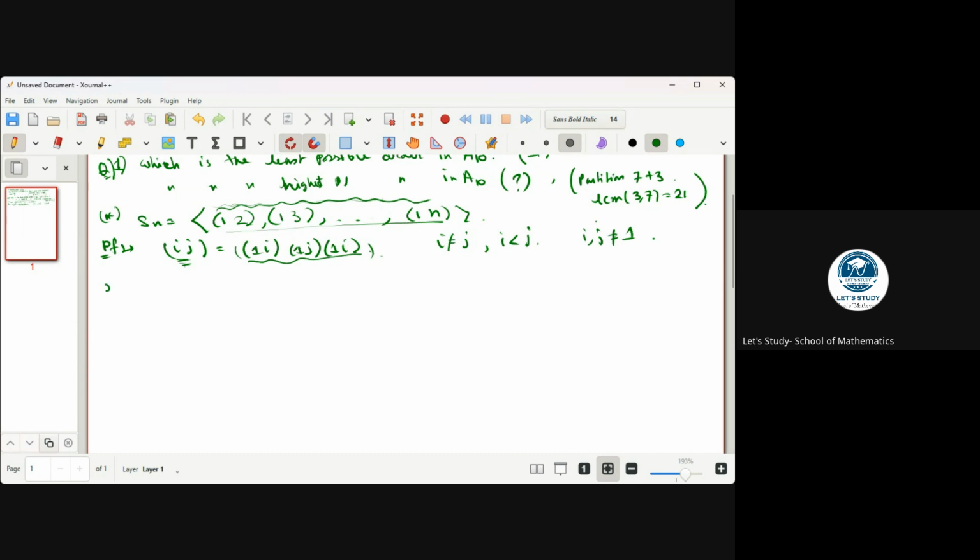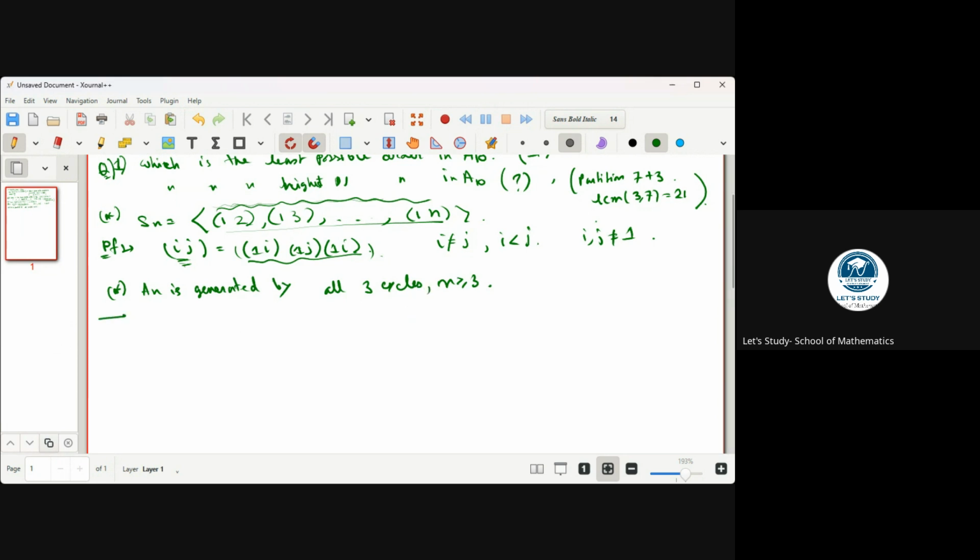Now, a very important thing to observe: A_n is generated by all 3-cycles, for n greater than or equal to 3.